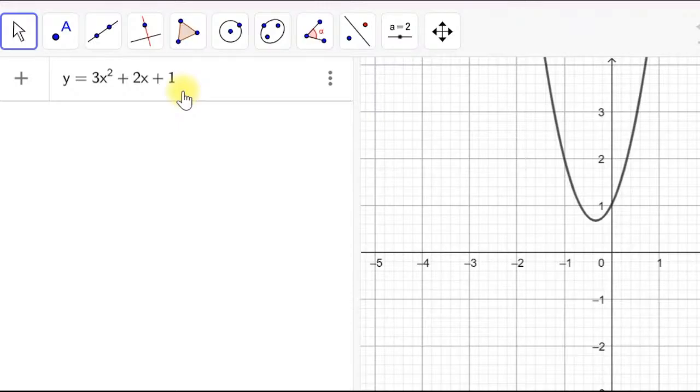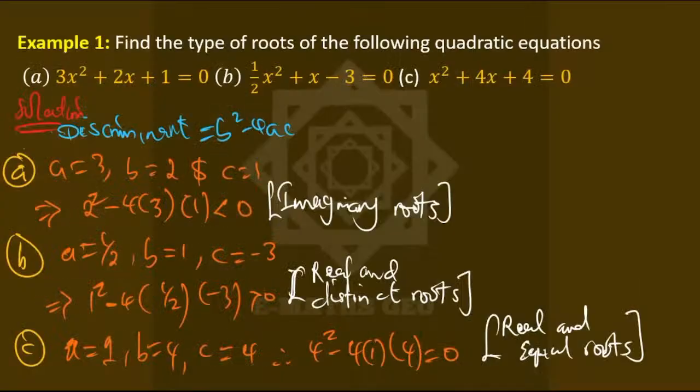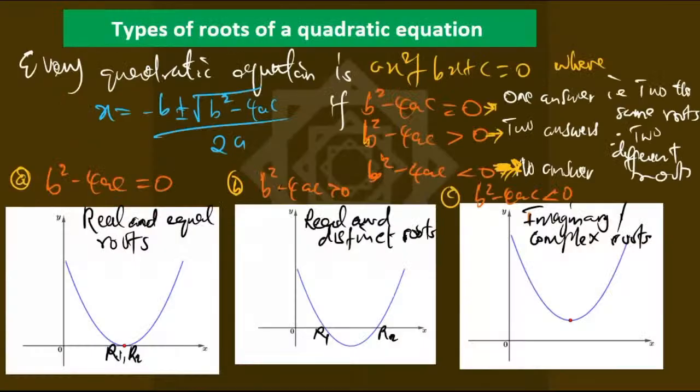So there is no intersection. Do you see the curve didn't touch or intersect the x-axis? That's why it's imaginary. It's not touching.